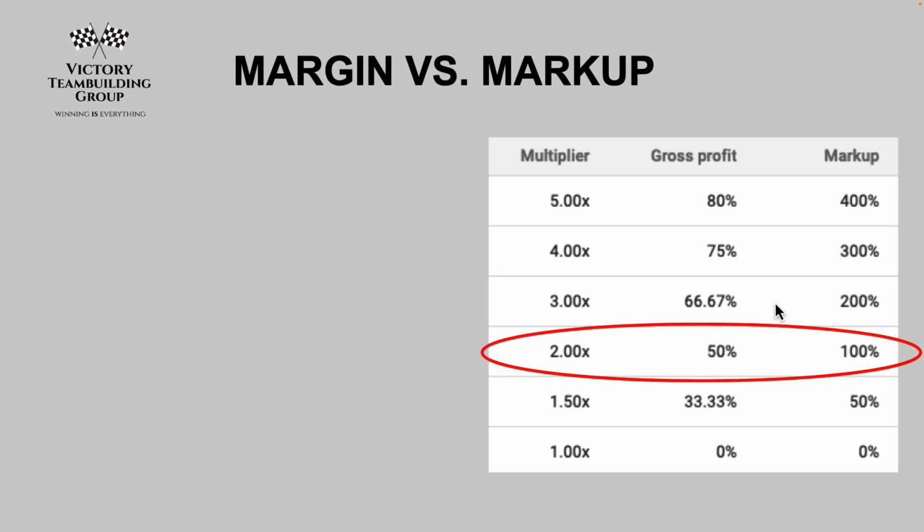Okay, so it's very important to understand these numbers, and you might have to play with a calculator to figure out how this works with your multiple, your gross profit, and then your markup. But that's why that is, because your profit margin is 66%. You have $100 times 3, that's $300. 66.6% of that is $200. 33% of that is $100, which is your cost.